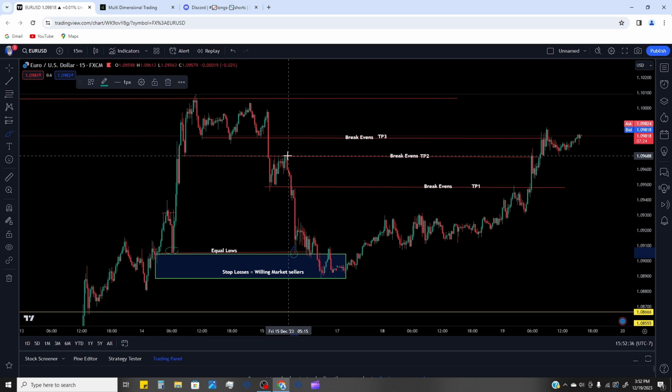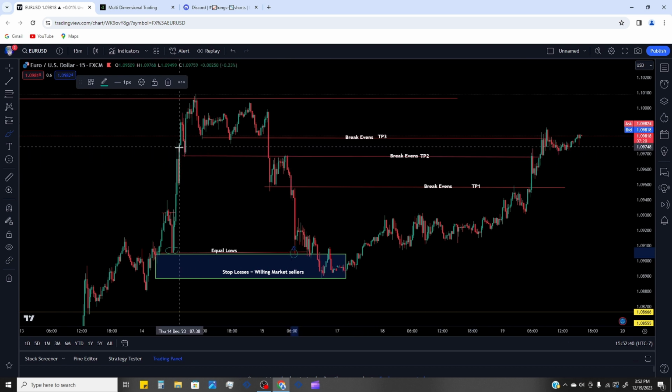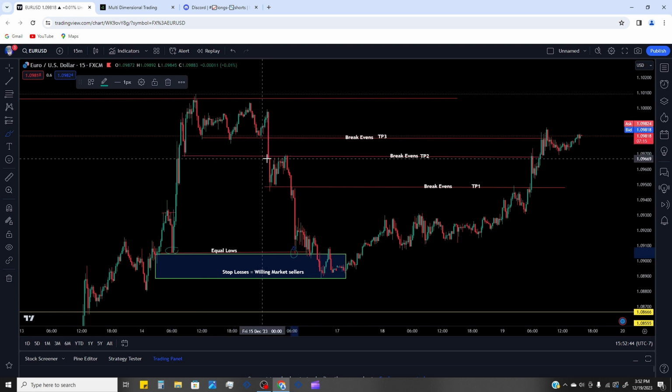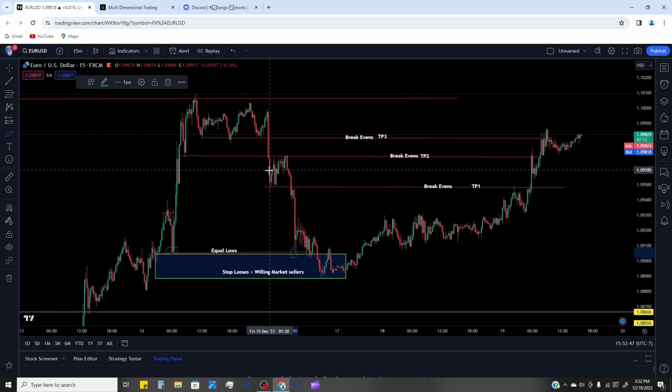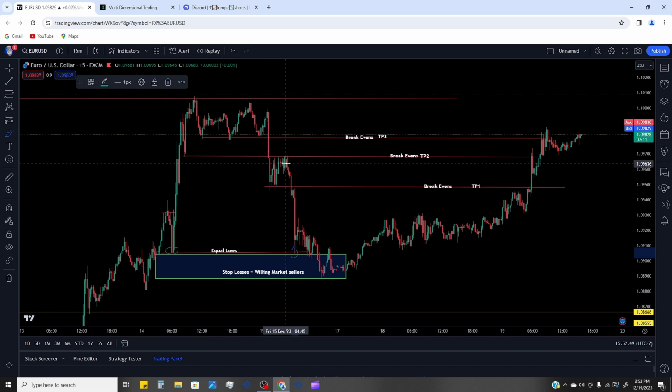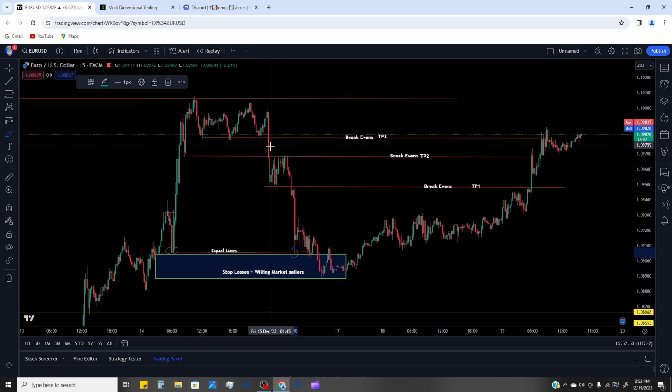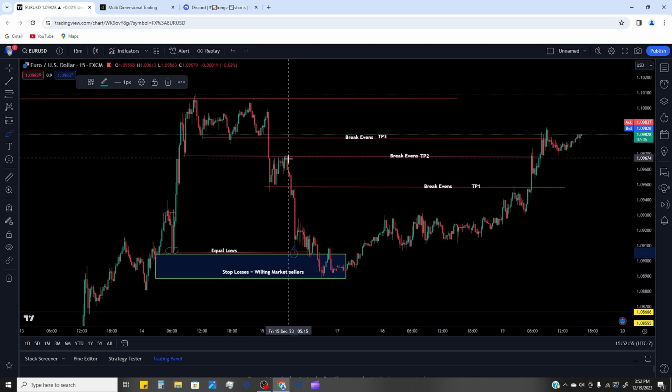Okay. Next area is going to be this break even area. And it's break evens for these people, right? They bought at the lows here. Flushed down. Came back up. People are buying here, hoping they caught the dip. That didn't happen for them. They got flushed on out. Comes back to them.